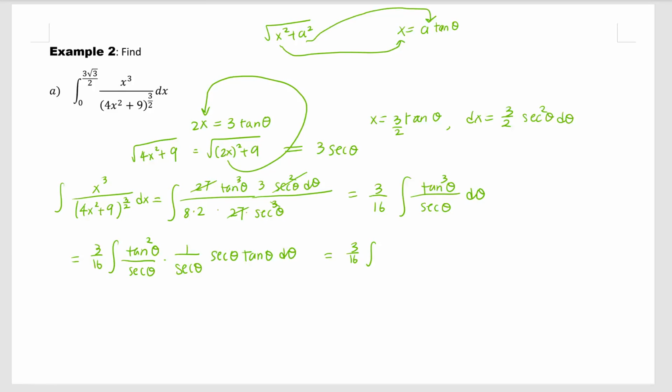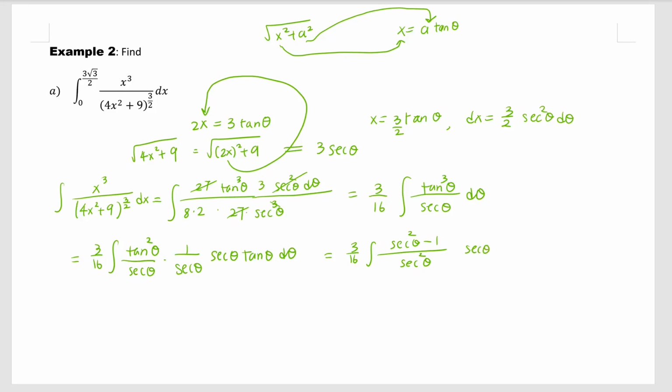So, let's see here. Because secant tangent is the derivative of secant, so we change the tangent in terms of secant. So tangent squared is secant squared minus 1, over secant squared.